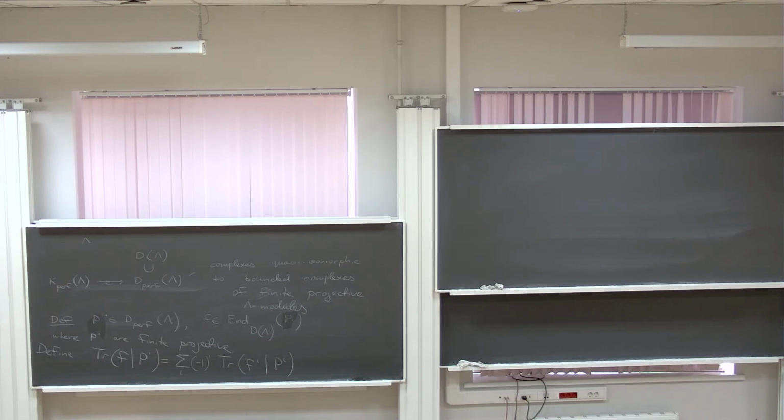So a comment on this first of all. What is really written here? I have a bounded complex of finite projective modules. I have its endomorphism in the derived category. And by this equivalence, it's given by a chain endomorphism of this complex up to homotopy. So this F is a chain endomorphism defined up to homotopy.